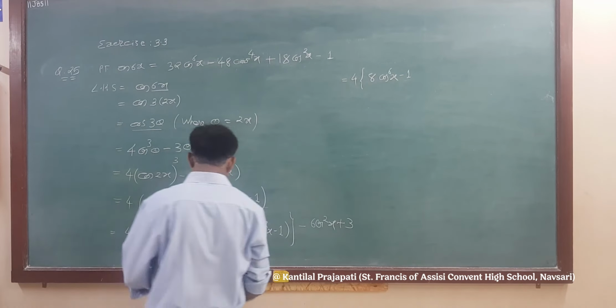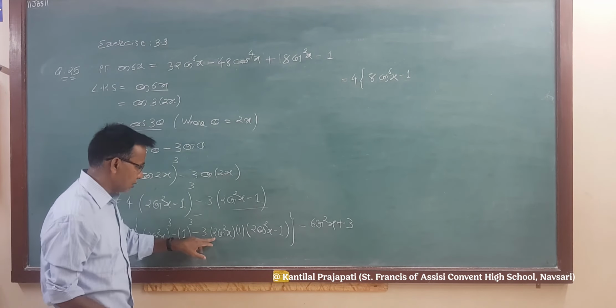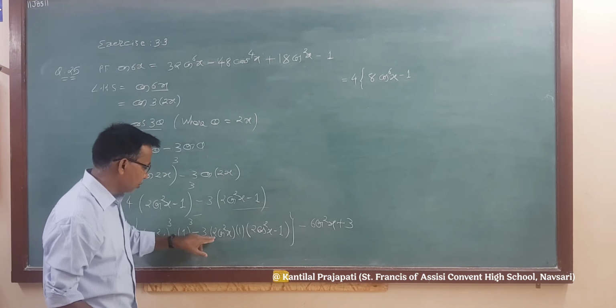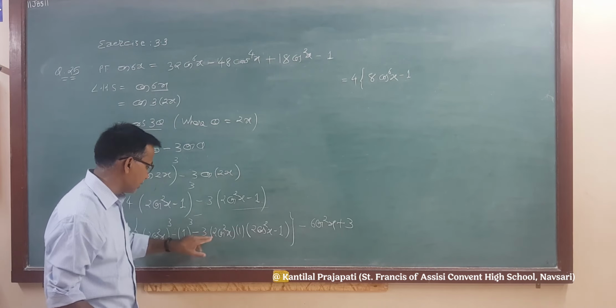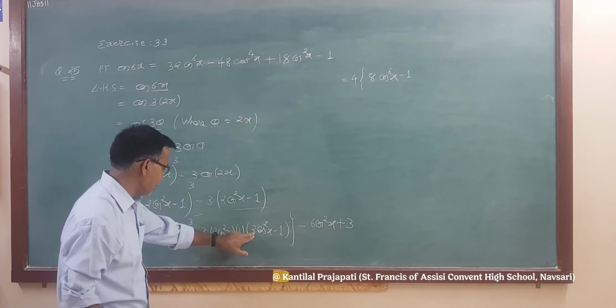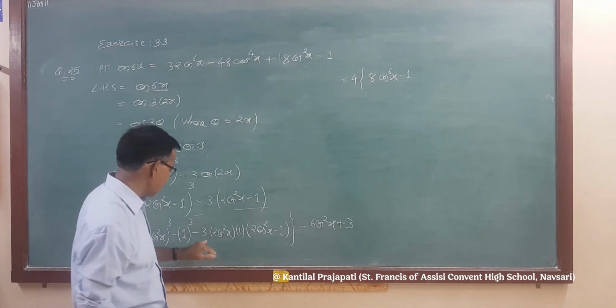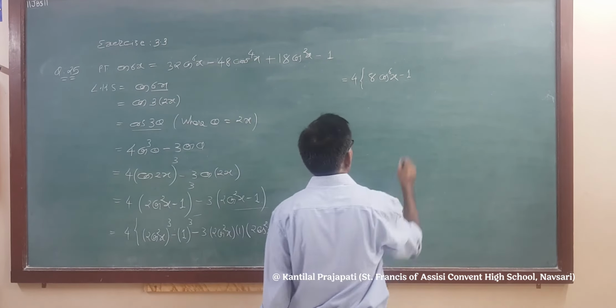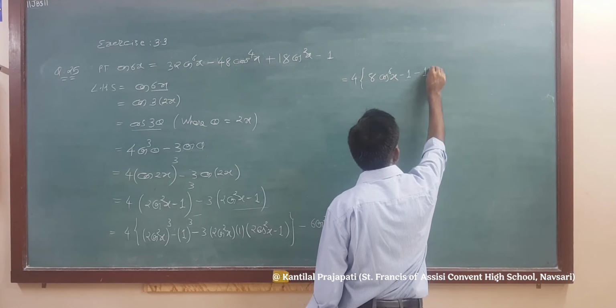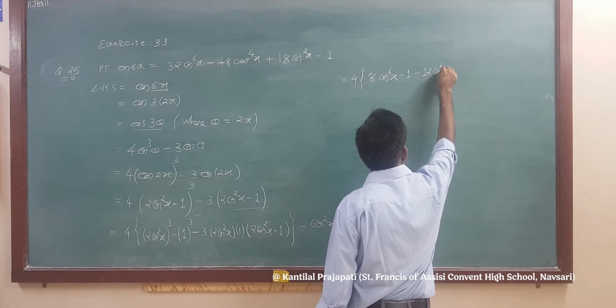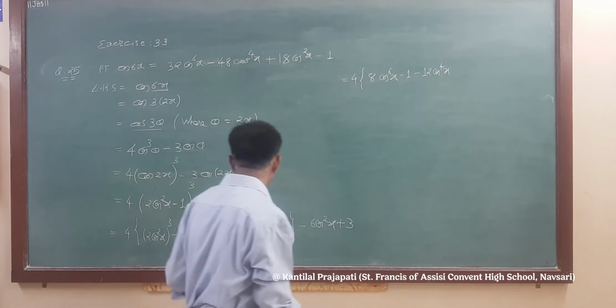Then 3 into 2 cos square x into 2 cos square x: 3 into 2 into 2, that is 12, and cos square into cos square is cos raised to 4, the addition of powers. So you get minus 12 cos raised to 4x.